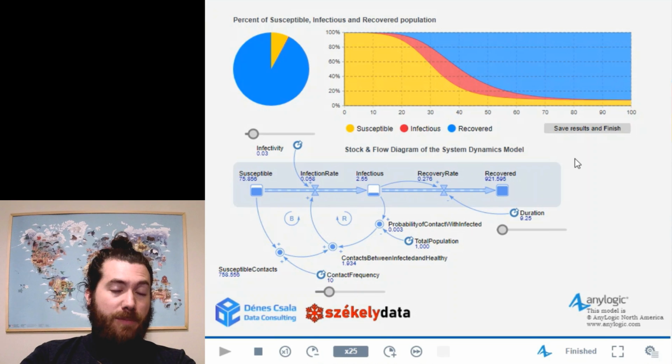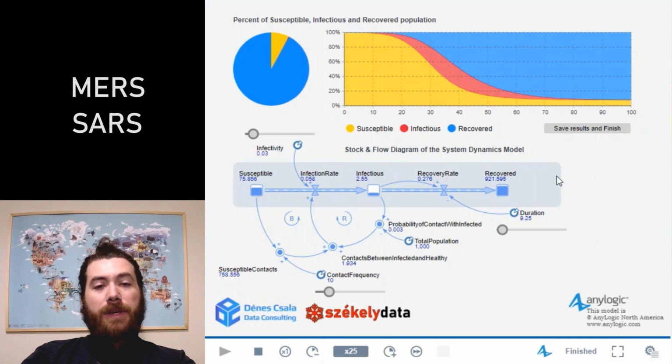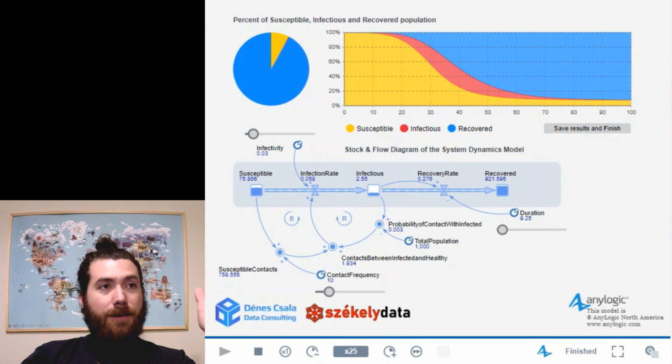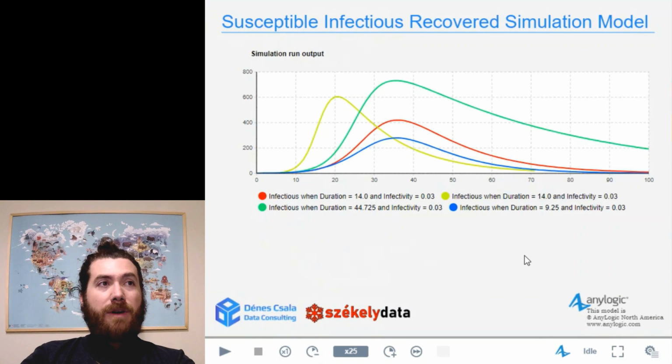However, if the recovery time is a bit longer, or the infectivity is very high, such as in the coronavirus case, or various kinds of coronaviruses before, like the MERS or the SARS virus, then of course we are very worried. Maybe we need to control the infectivity, or maybe we cannot really control the infectivity in this case because we don't have enough information about the virus, so we can only control contacts in the beginning. But I'll talk about this in a little bit more detail.